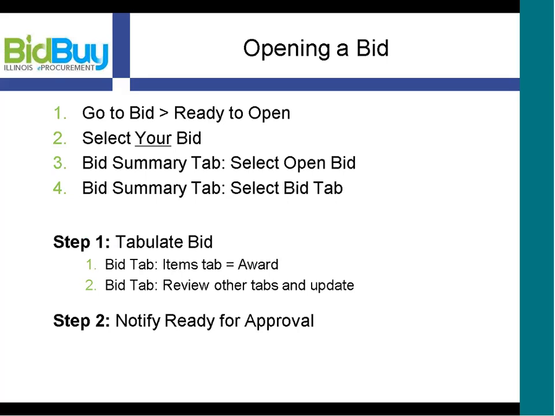Once a bid has been sent out and the bid opening date is upon you, you can navigate to opening the bid in the system. You will look at the bid tab and be able to recommend award, and you'll notify that this is ready for review and approval.